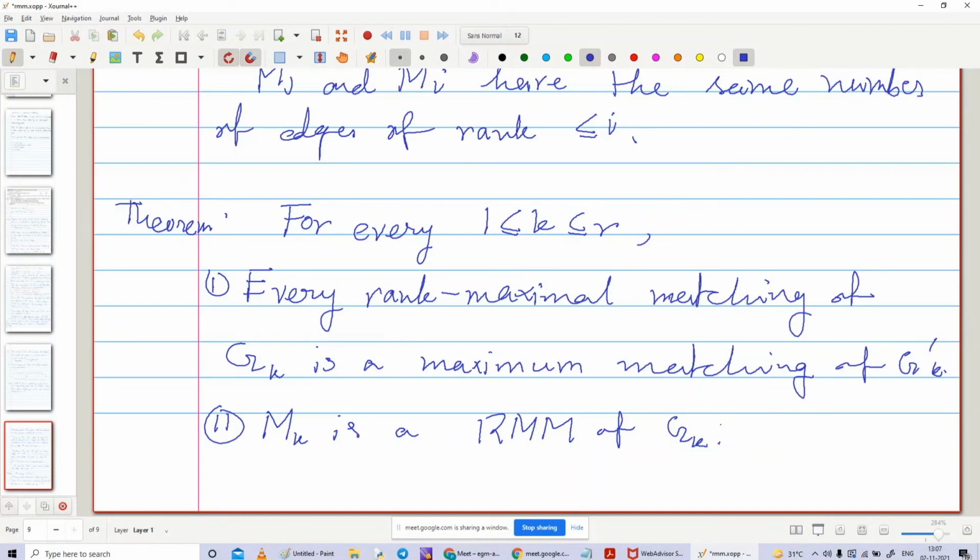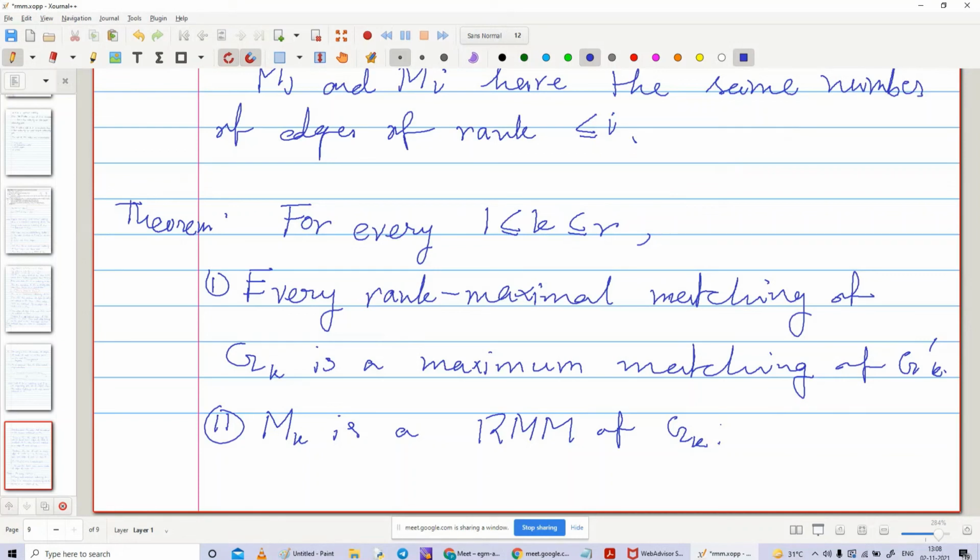Okay, so we will do it in the next class. Is the statement of the theorem clear? The first part says that every rank maximal matching of G is a maximum matching of G prime, and the second thing says that a maximum matching of G prime K, that is MK, is also a rank maximal matching of GK.